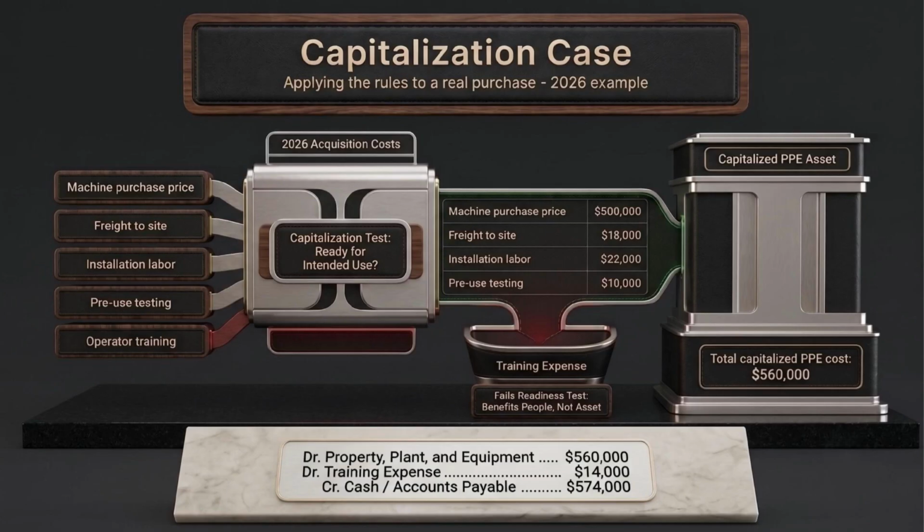Total capitalized PPE cost is $560,000. The journal entry is debit property, plant, and equipment for $560,000, debit training expense for $14,000, and credit cash or accounts payable for $574,000. The debits total $574,000 and the credit also totals $574,000. So the entry balances.